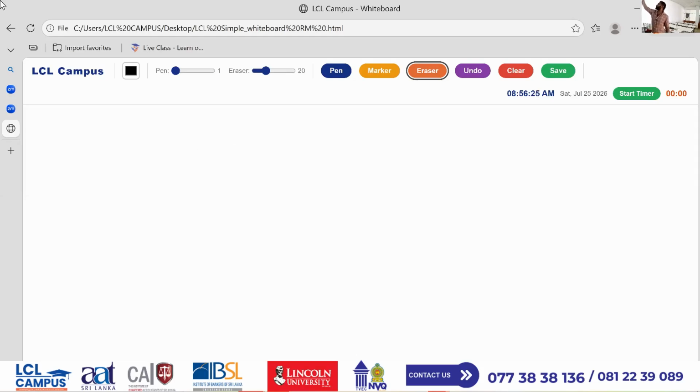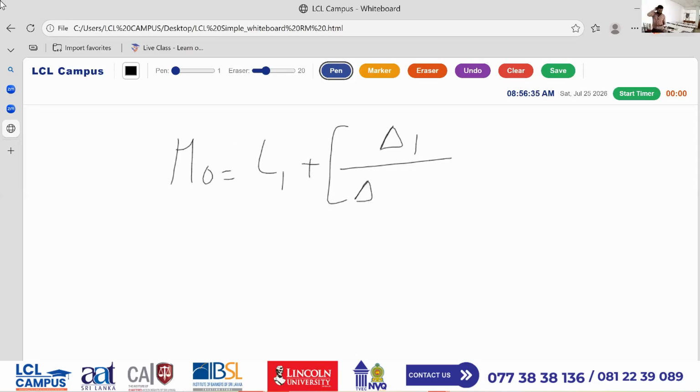Mode equals L1 plus delta 1 over, I don't know how they have given it in the formula. Yeah, L1 plus delta 1 over delta 1 plus delta 2 into Z. Right, what are the terms?